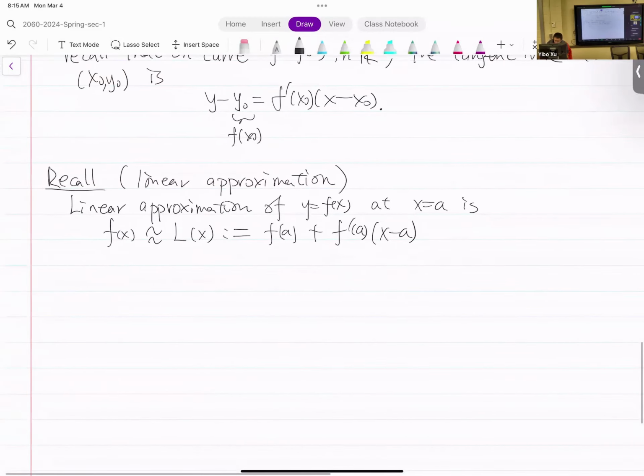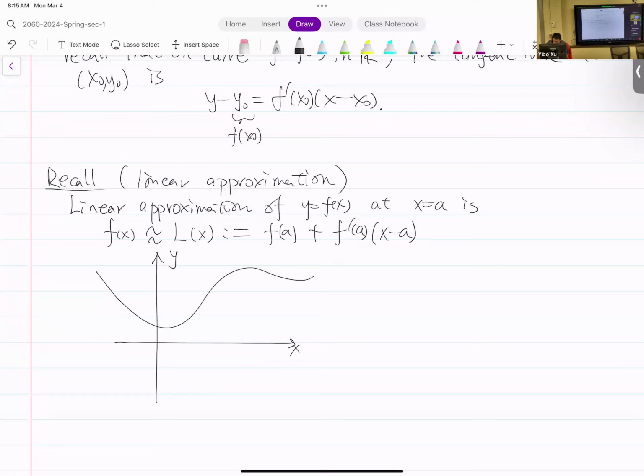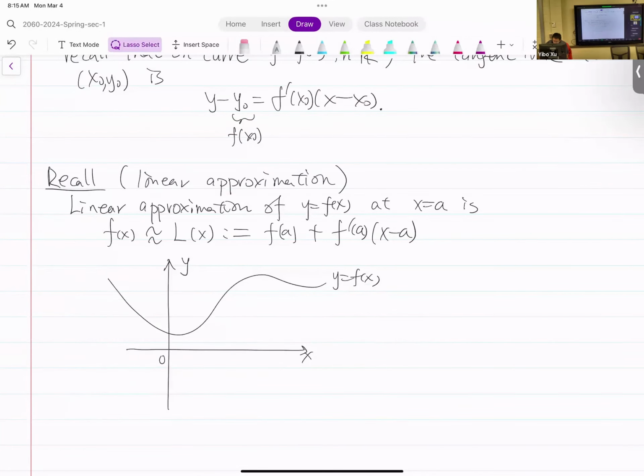So if you want to think about the graphical interpretation, essentially, let's say this is the functional graph. Okay, so we have x, y axes. This is y equals f of x. And why don't we move this down a little bit? And then, if you think about the point, like here is your a, f of a.